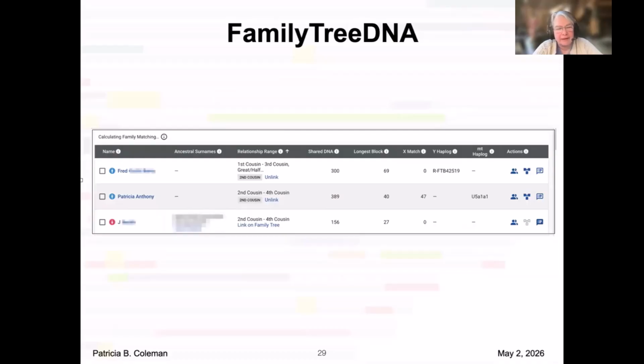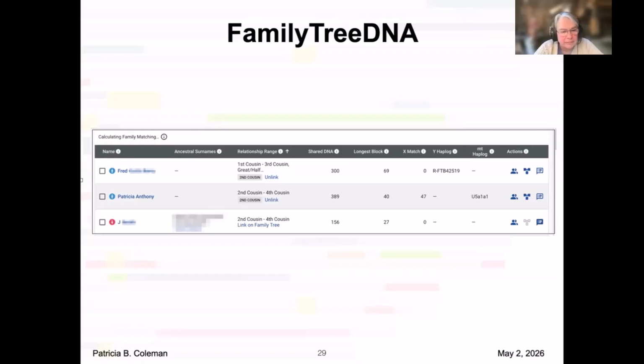Fred is on my dad's father's side and Trish is on my dad's mother's side. And those are the ones we've done the most research on. And you notice Family Tree DNA, I don't know if they still do this or not, but they used to, when you had the person in your tree, it would show up with the blue for paternal and the red for maternal.